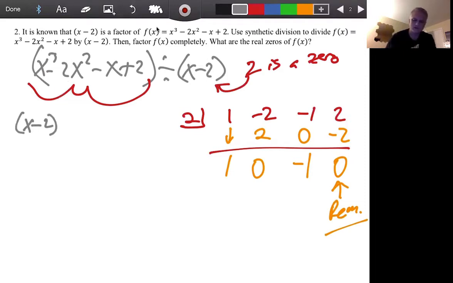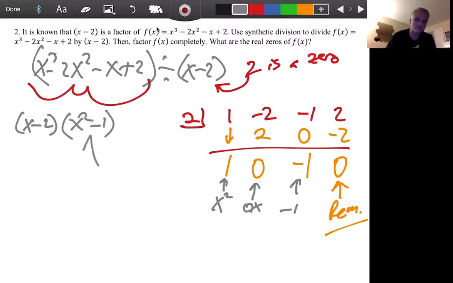Well, let's translate this. So this was x cubed. We divided it by x to the first. So that means that this right here indicates it's 1x squared, 0x, minus 1. So we have x squared minus 1. I'm not going to write the plus 0x.